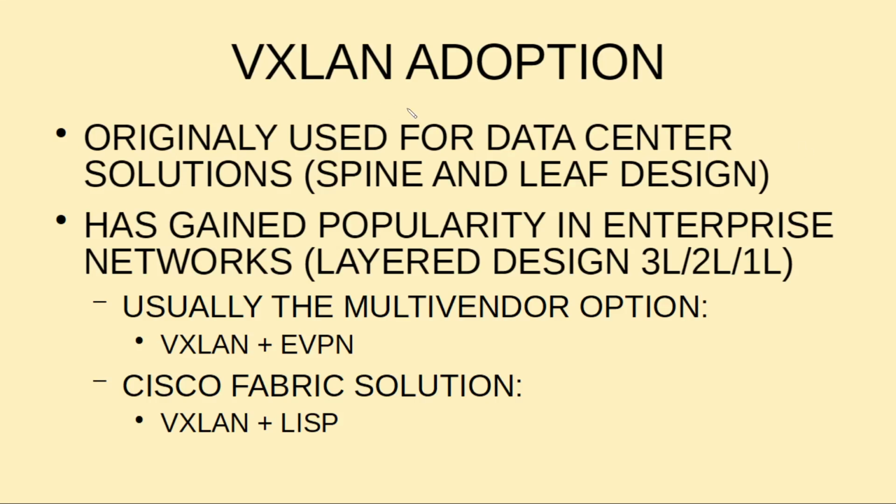Let's talk a bit about how VXLAN has been adopted for production networks. Originally, VXLAN started to gain traction with data center solutions. It is still being adopted for data center solutions. If you go that way for a data center environment, you will most likely be using a spine and leaf topology.